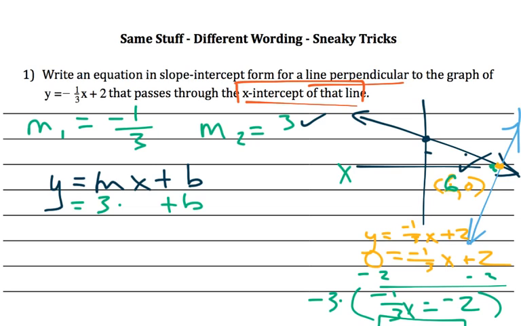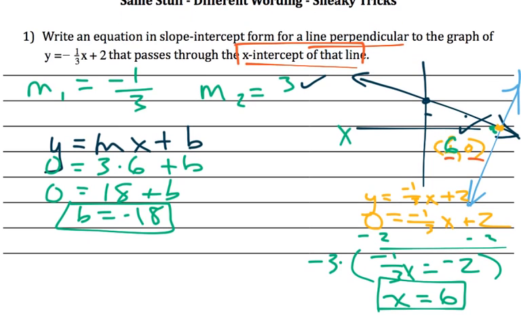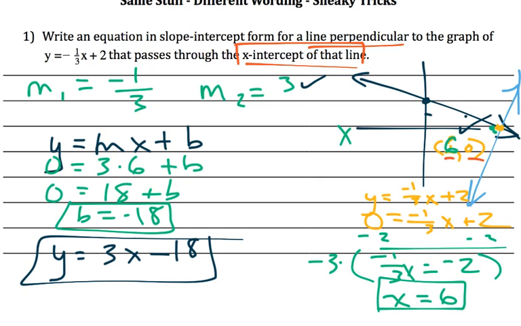But we know that x is 6 and y is 0, so I'm going to put a 6 here and a 0 there, which means that 0 is 18 plus b. I don't see the need to solve for this, so I'll write negative 18. b is negative 18. So as we put this back into the new line, y is going to be 3x plus a negative 18, so I'll just write minus 18.